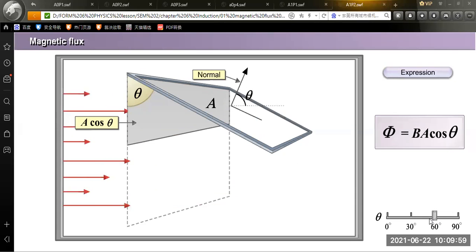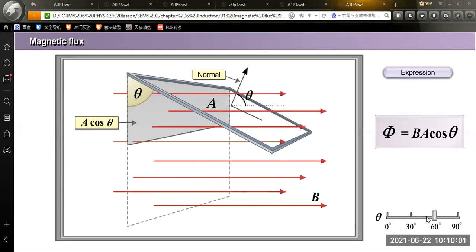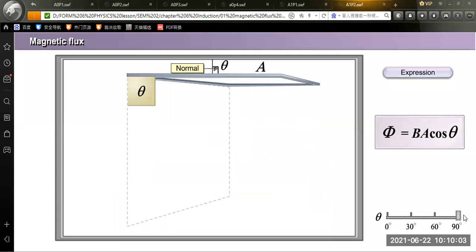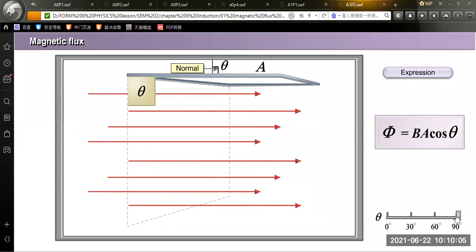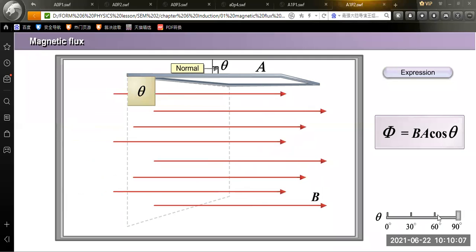So how about 60 degrees? The flux will be less, and at 90 degrees, totally none, because the magnetic field does not pass through the surface of the coil. Next.